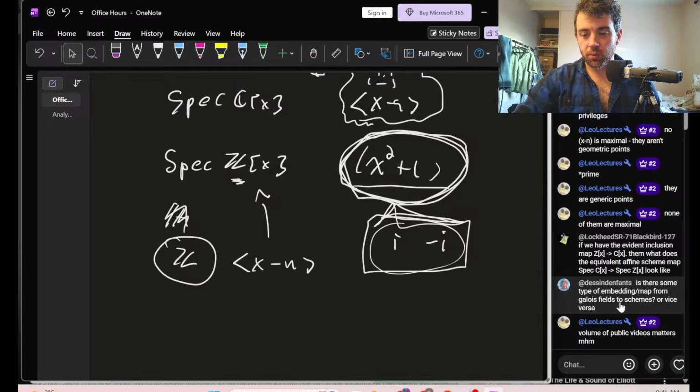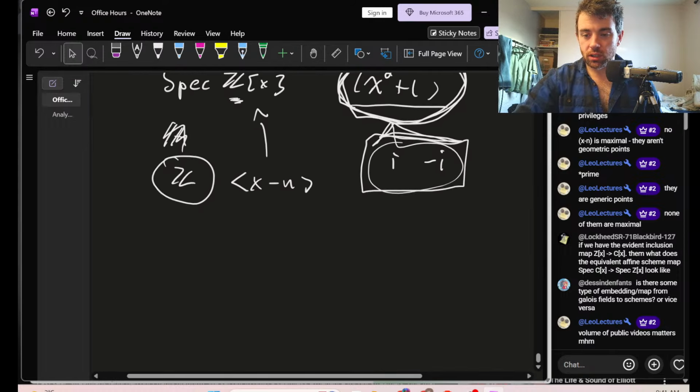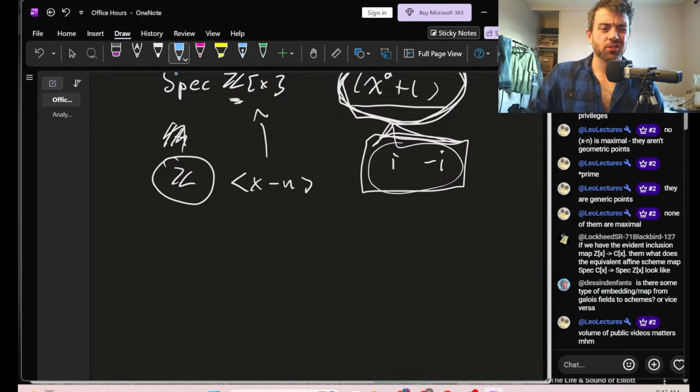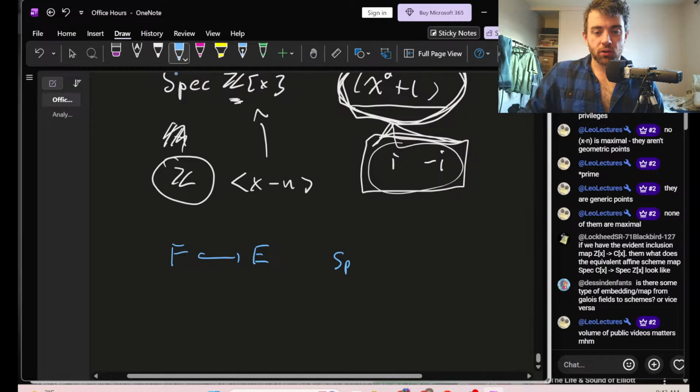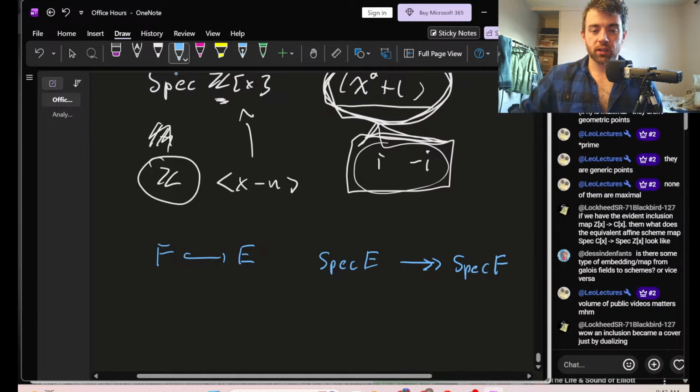Is there some type of embedding map from Galois fields to schemes? Well, I think this is sort of what Grothendieck did: a field extension now corresponds to a covering of Spec F by Spec E, right?